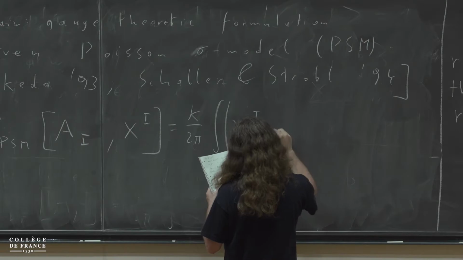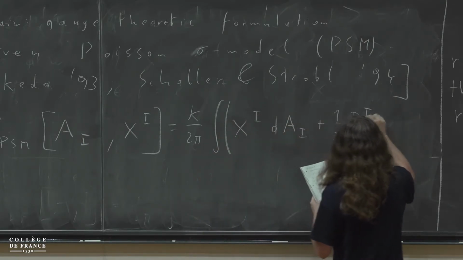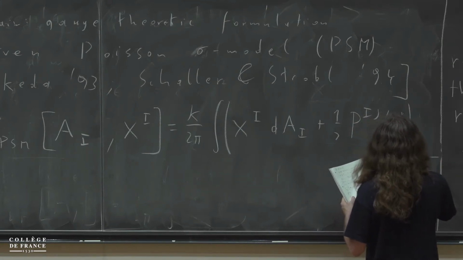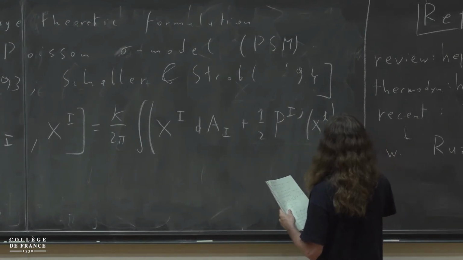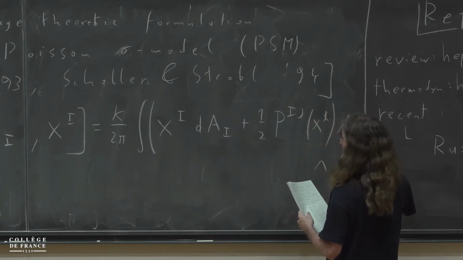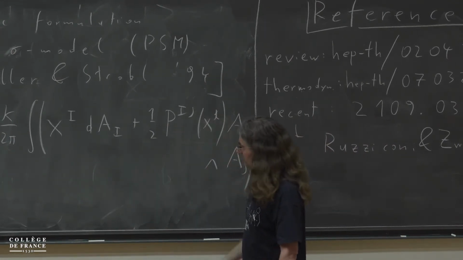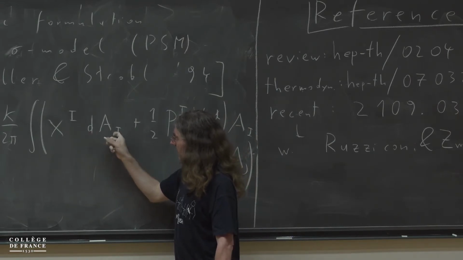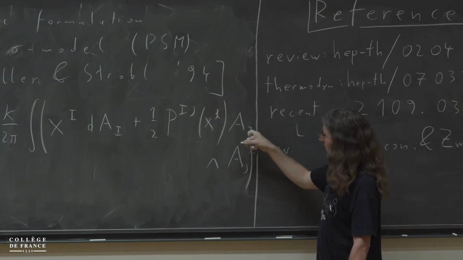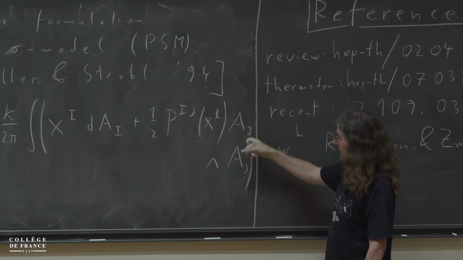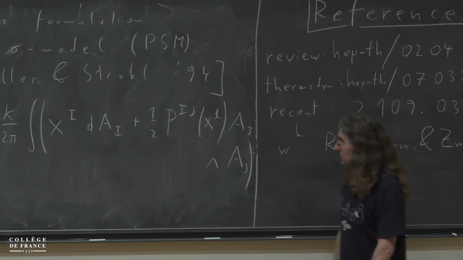So it's given by X_i dA^i plus 1/2 P^{ij}(X_k) A_i wedge A_j. So you see it's a two-form, dA^i, and it's contracted with X_i, so that term is fine. And then we have A_i wedge A_j, which is also a two-form. And in order to contract these two indices, we need a two-index object. So this is this tensor P^{ij}.